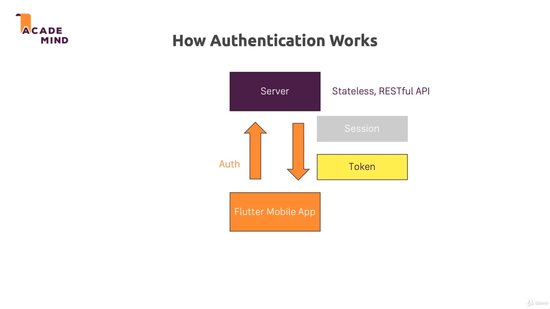The idea behind the token is that once the user logged in, such a token is generated on the server with a certain algorithm and a certain private key that's only known to the server so that the token can't be faked. And that token is in the end a very long string which is sent back to the Flutter mobile app. Now in the Flutter app, you then go ahead and store that token on the device, not on a server, not in a database in the web, but on the device.